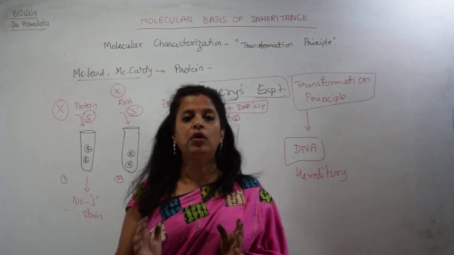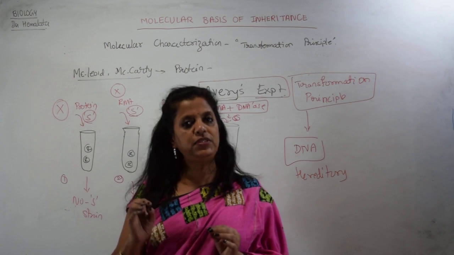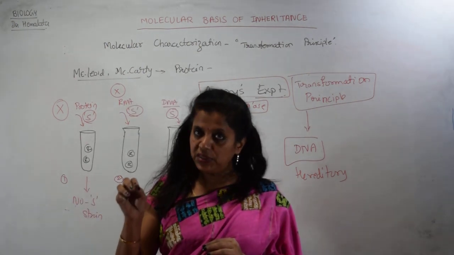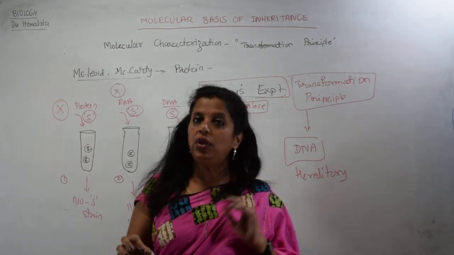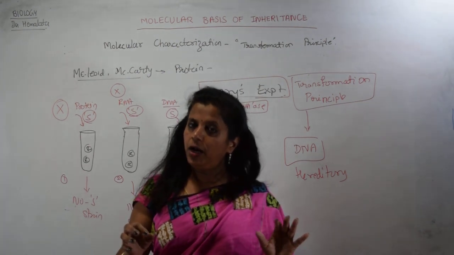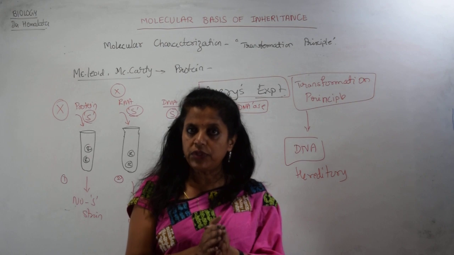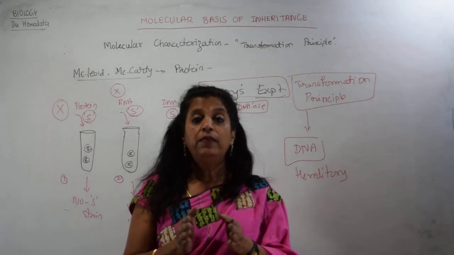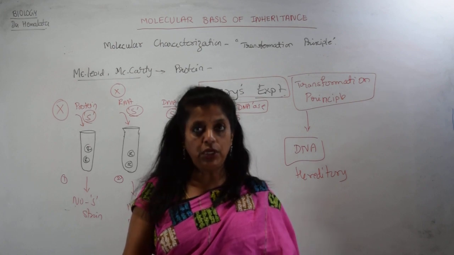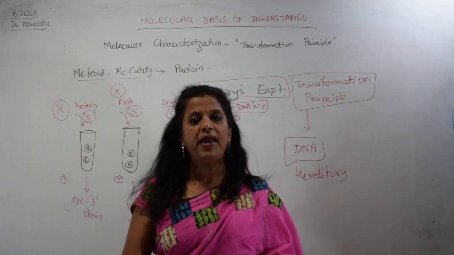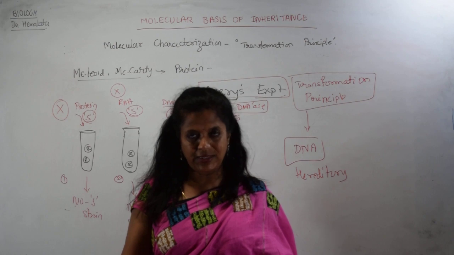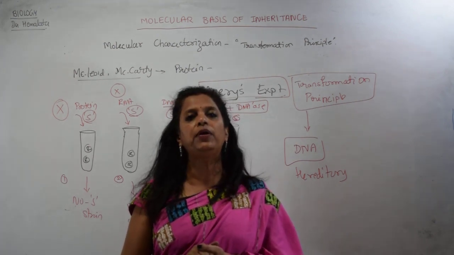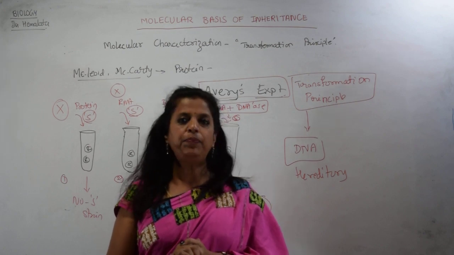Then he came to a conclusion that there must be something that transferred from the heat-killed S strain to the living R strain and produced new combinations, new recombinants. The children of that all became S strain virulent ones. What is transferred? He called that the transformation principle. Something might have transferred.